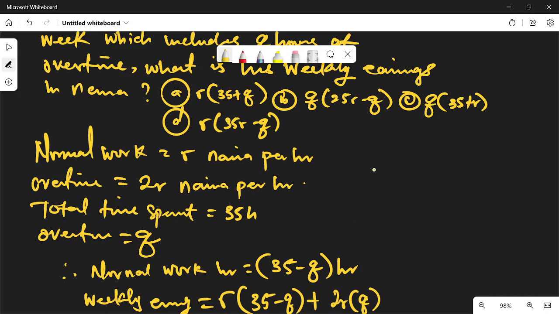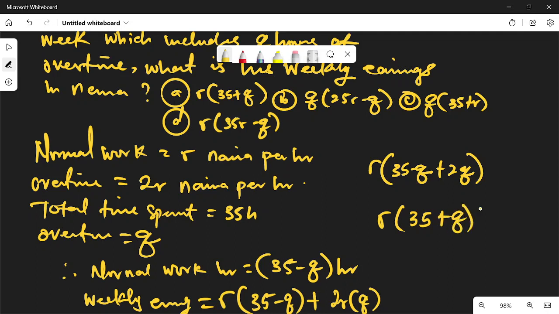R is common, so let's factorize out R. So we have 35 minus Q plus 2Q. So our result is going to be R into 35 plus Q. And that will be the right answer to the question. So that's option A.